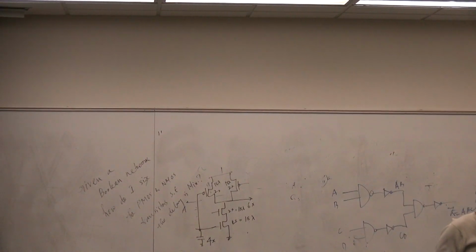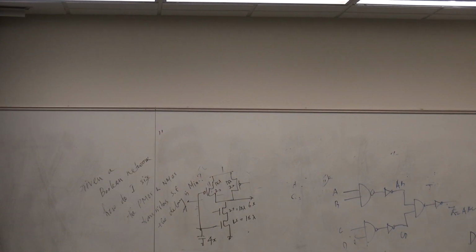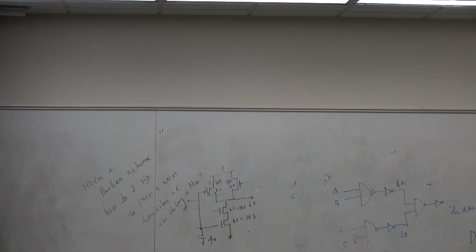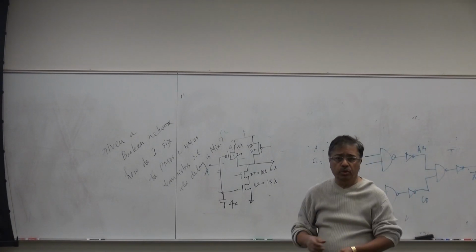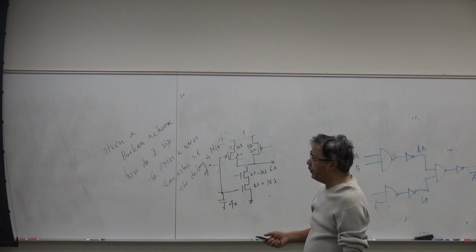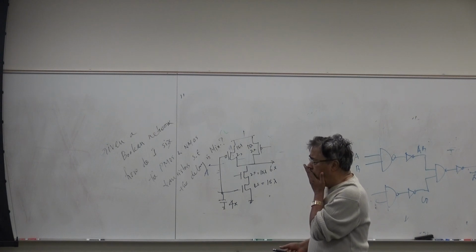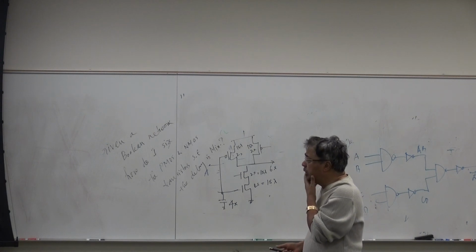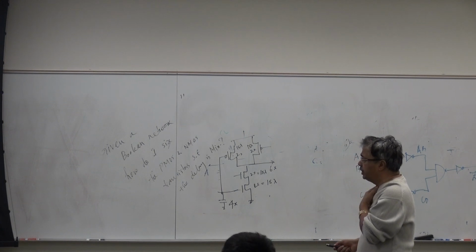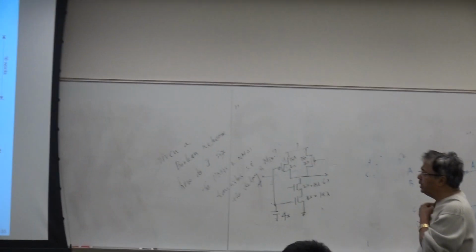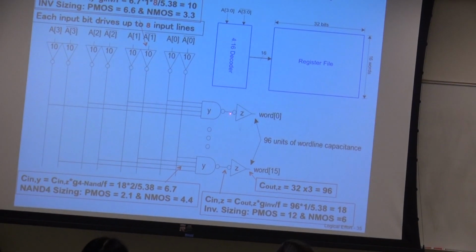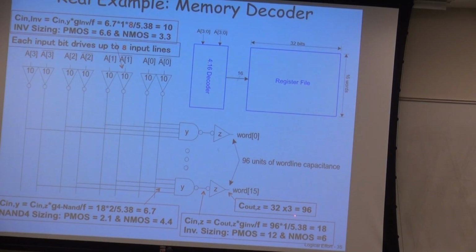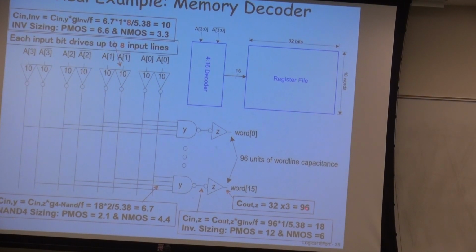Now, just to finish our discussion, if we end up using this, because many times if you try to synthesize, your synthesis tool will try to use something like this. So how do I then size the transistors? Sizing the transistor, we use the same technique. Here the output is 96.